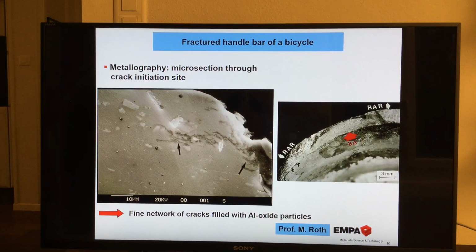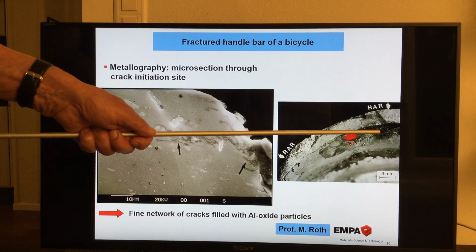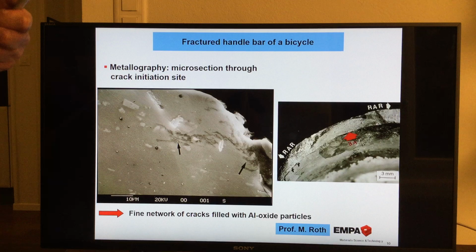So for some reason there was a movement, and of course the counterpart, remember, is a steel inlet, and these two materials obviously moved a little bit against each other. The mechanism for this is called fretting. You have to ask yourself later on why this movement could take place.